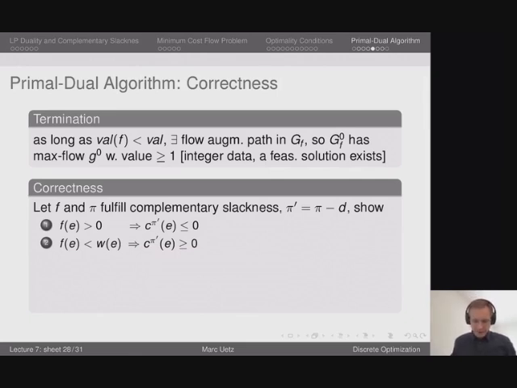That means that whenever the new reduced cost coefficient would be strictly positive, then the flow value must be equal to 0. And whenever the reduced cost coefficient is strictly negative, then the flow value must be equal to the upper capacity. And that is exactly our complementary slackness optimality condition. Okay, so let us see why this is true.